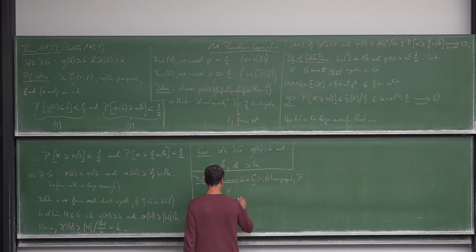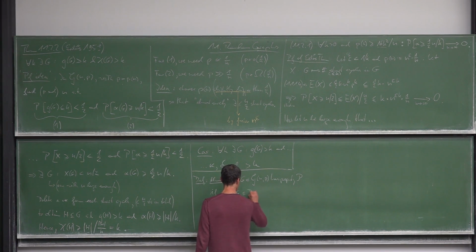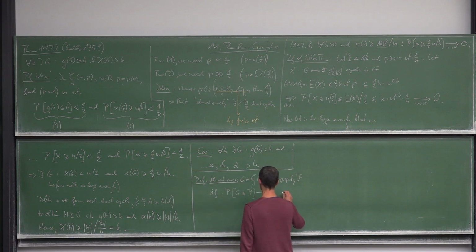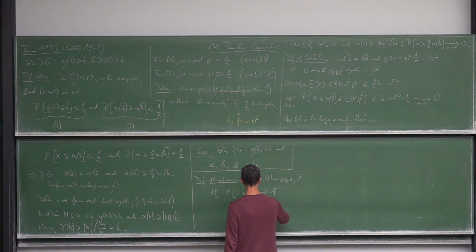If the probability that G has P, so that G is an element of this property P, goes to 1 as n goes to infinity.